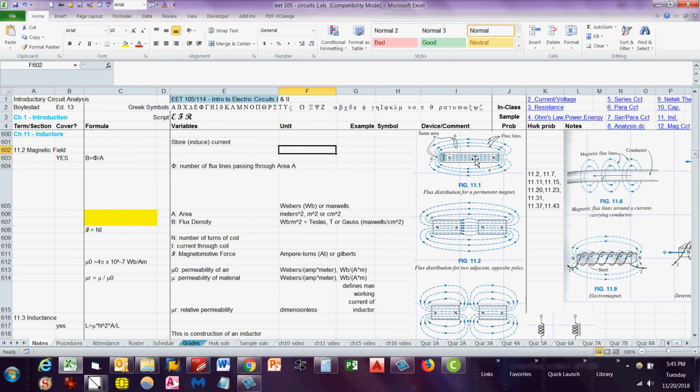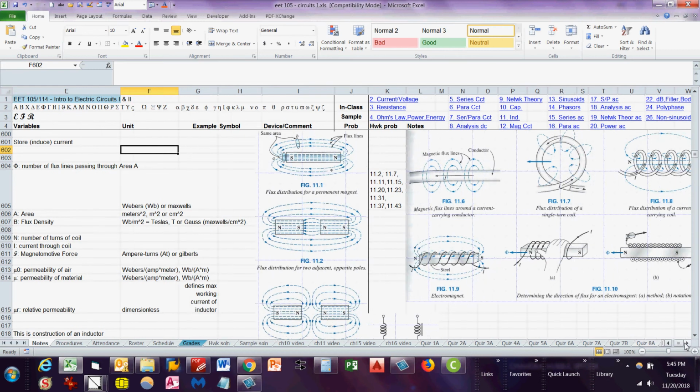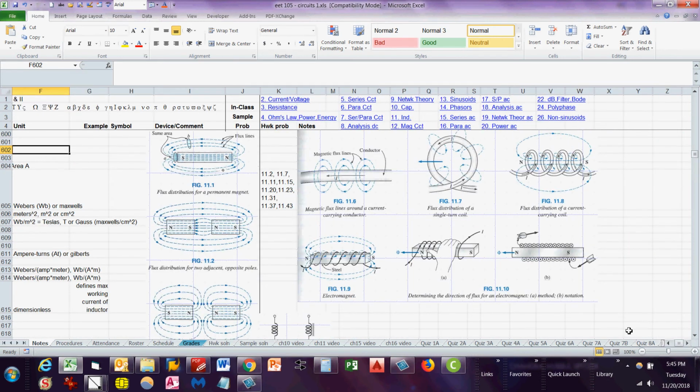When they say lines of flux, this is typical of a magnet. So you have flux lines going through the magnet, and you also have them shown through a conductor like this.